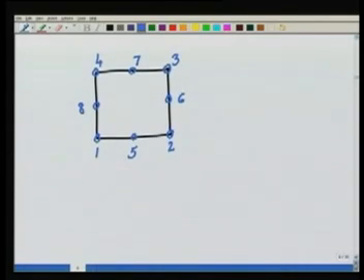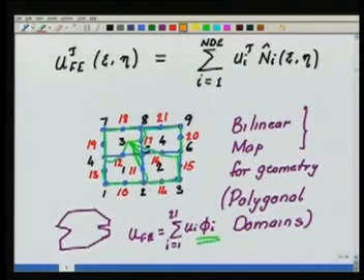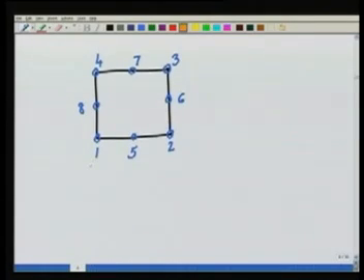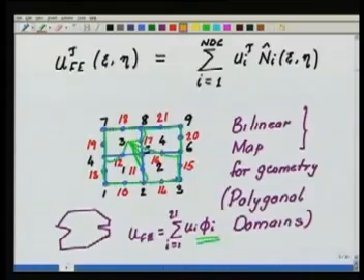Which global ones does it correspond to? If I go back here, the 1 of element 2 corresponds to global 2, 2 corresponds to global 3, 3 corresponds to global 6, 4 corresponds to global 5. Then what does the 5 correspond to? Global 14, 6 corresponds to global 15, 7 corresponds to global 16, and 8 corresponds to global 11.